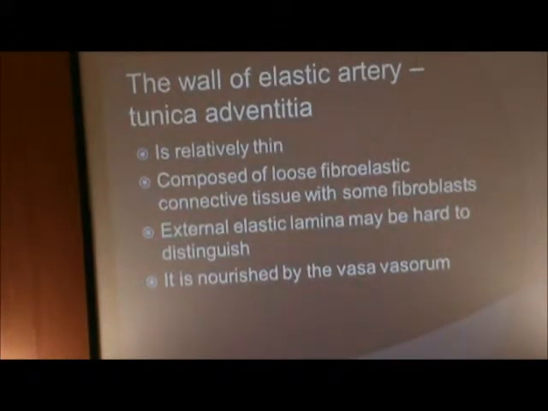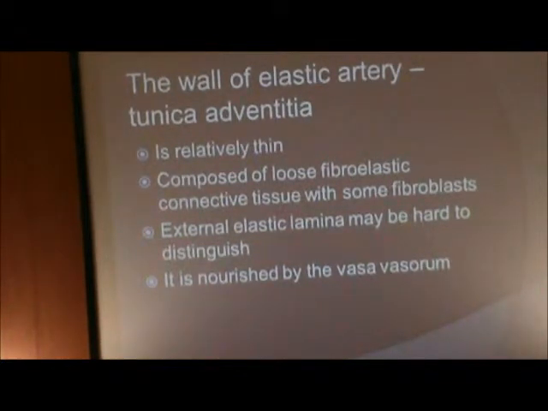And the outermost layer, tunica adventitia, and this part is thick. It is composed of loose connective tissue with connective tissue fibers, elastic fibers and collagen fibers. And between tunica media and tunica adventitia may be located external elastic lamina, but sometimes external elastic lamina is hard to distinguish.